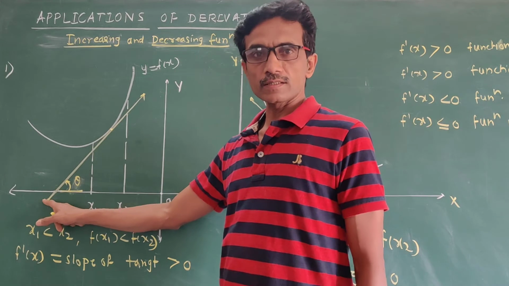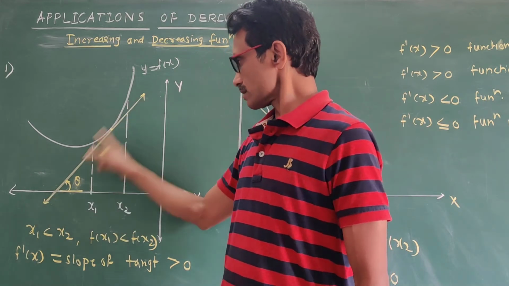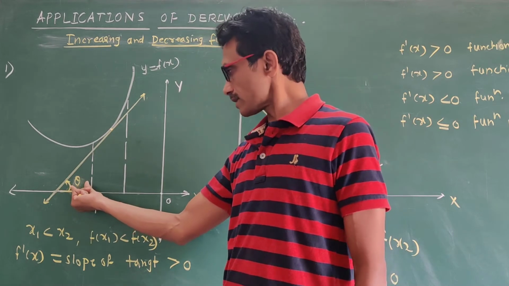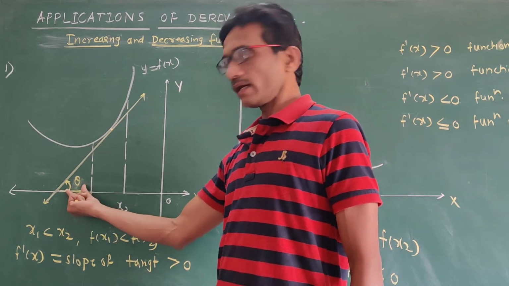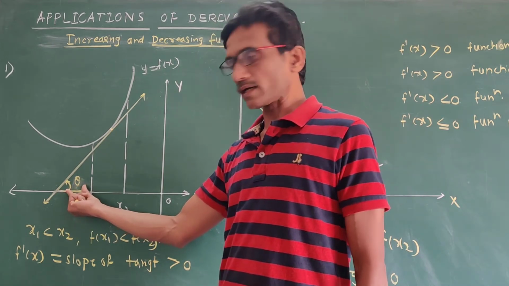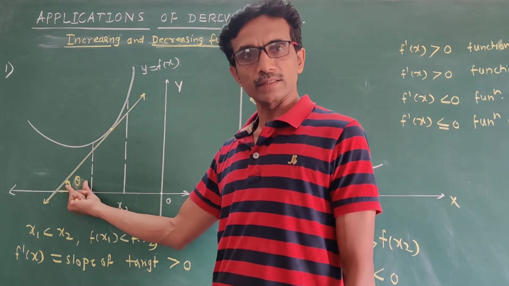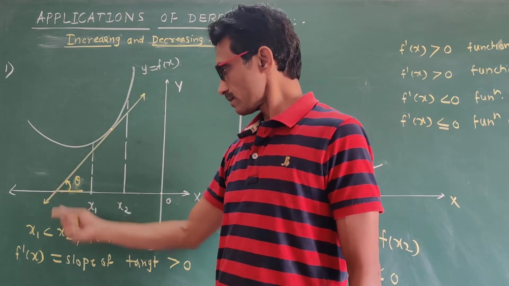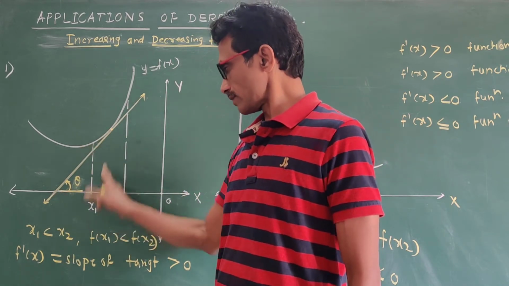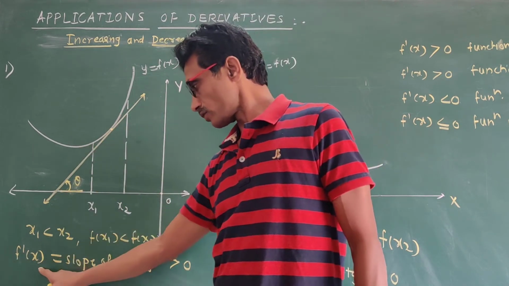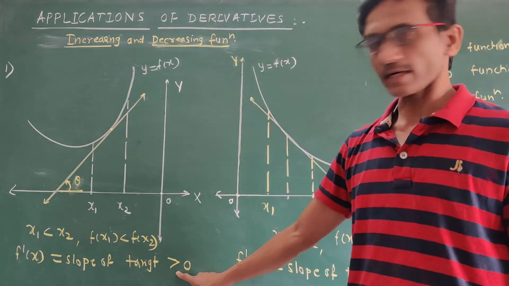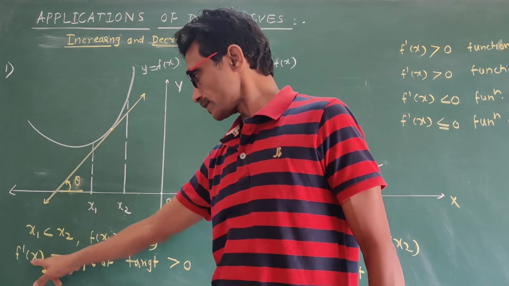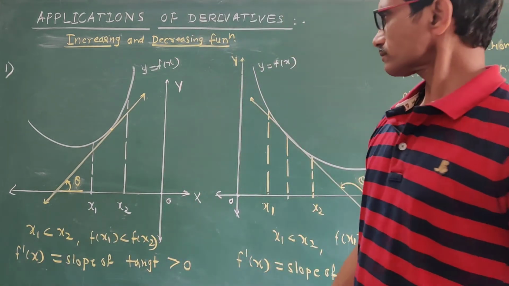The slope of this tangent is nothing but tan theta. As theta is an acute angle, tan of an acute angle is positive, so tan theta is positive, and tan theta is the slope of the tangent. The slope of the tangent is nothing but the derivative of the function. So f dash of x is the slope of the tangent and it is greater than 0. So if the function is increasing, f dash of x is greater than 0.